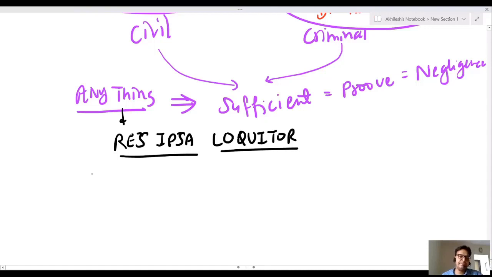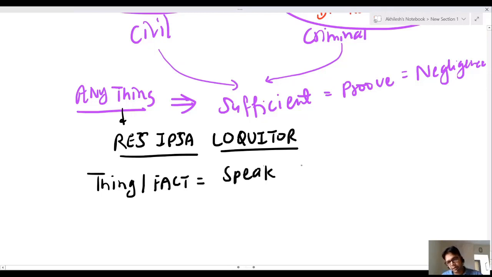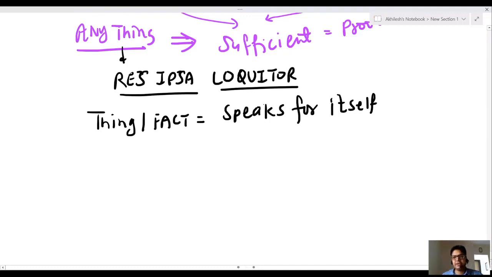What is res ipsa loquitur? A thing or fact which speaks for itself is an example of res ipsa loquitur.